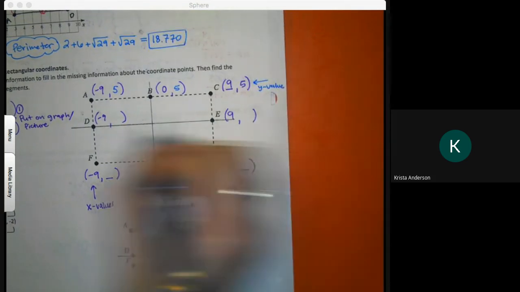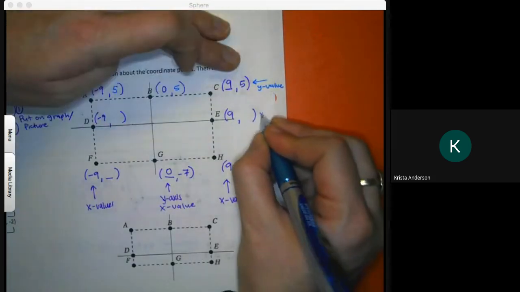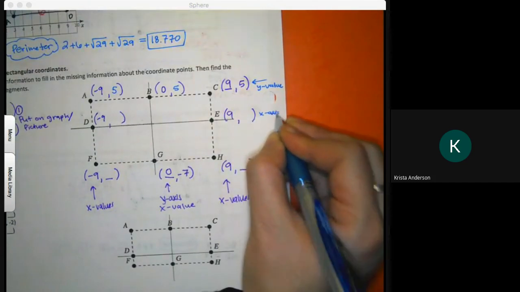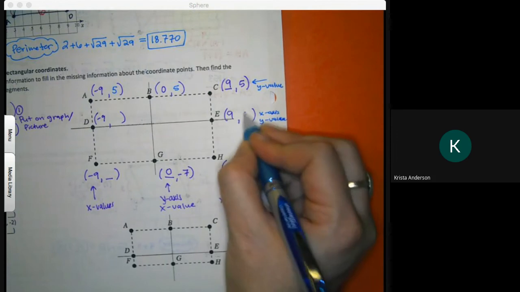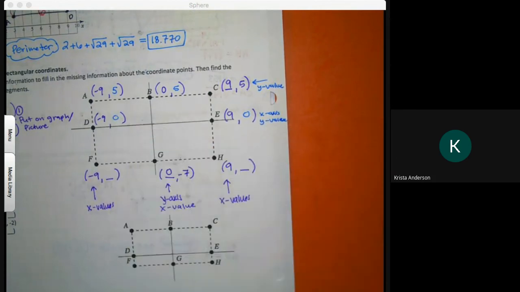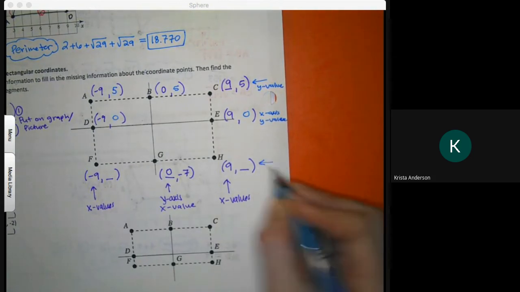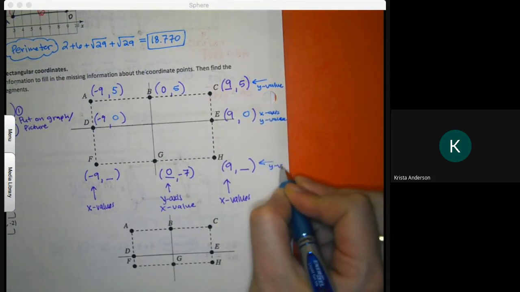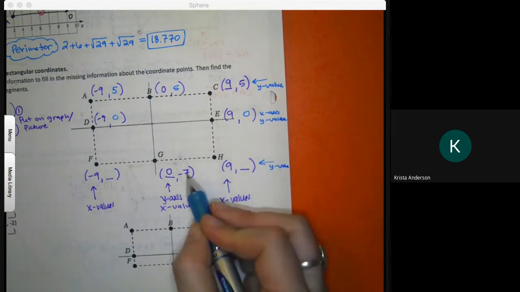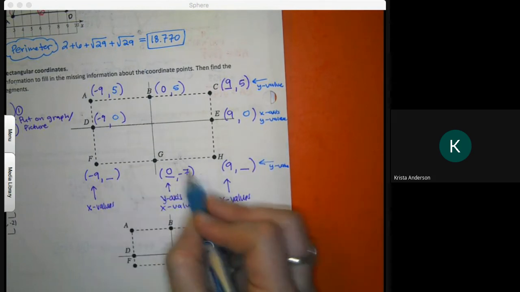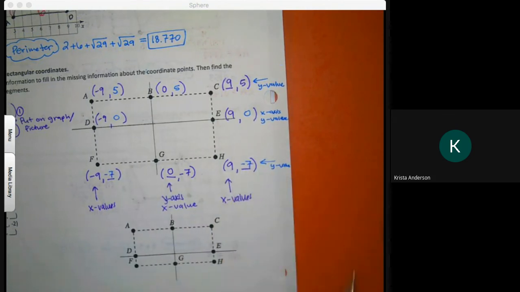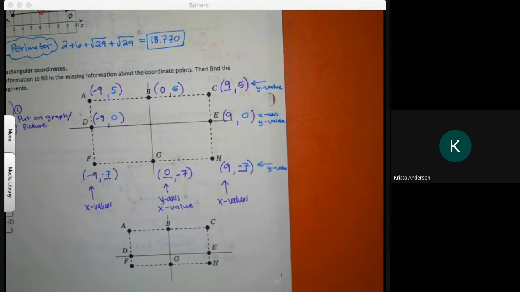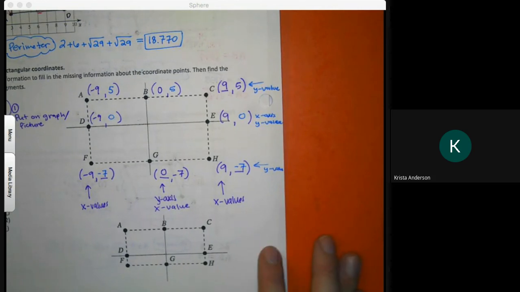This is on the x-axis. My y value would be a height of 0. Then I look for my y value here. It says it's down 7.